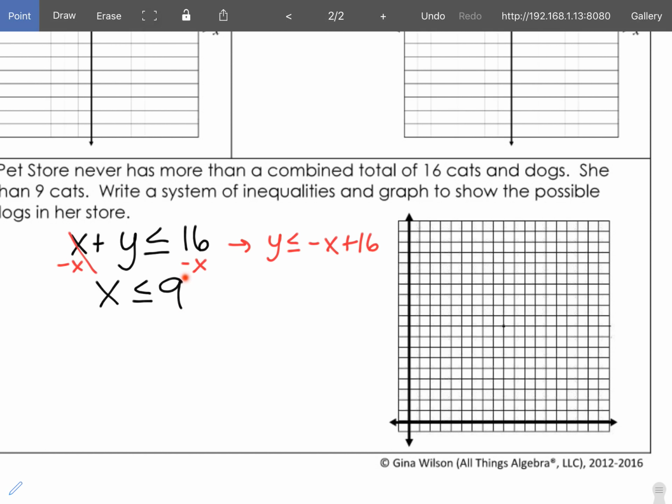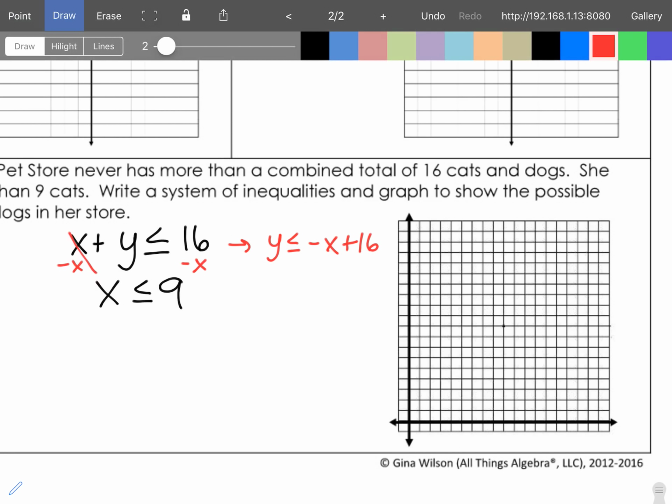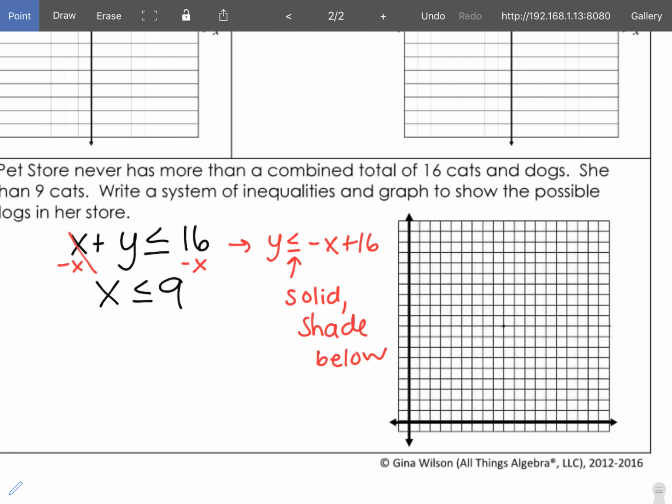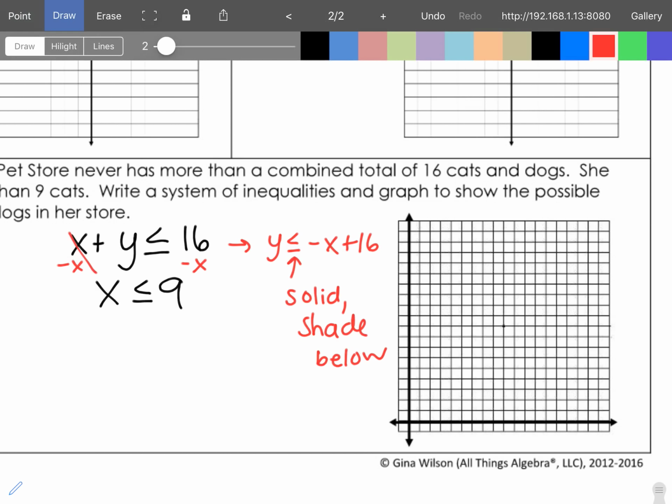And then we have this equation, x is less than or equal to 9. So let's graph this one. This is going to be a solid line, solid and shade below. Okay, let's count 16 here. So first of all, we have to go up 16 on the y-axis. 1, 2, 3, 4, 5, 6, 7, 8, 9, 10. Okay, right there, this is 16.